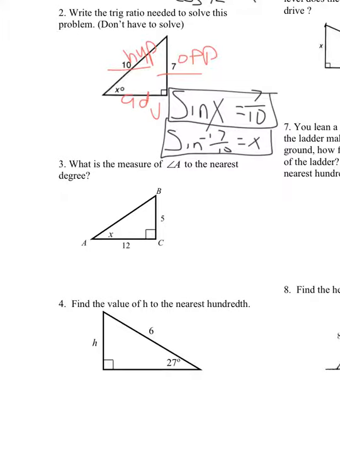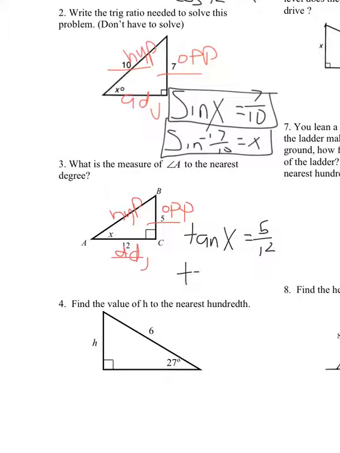So number three, what is the measure of angle A to the nearest degree? So 5 is opposite. That's hypotenuse. That's adjacent. We have opposite and adjacent, which is going to give us tangent. So tangent x equals opposite 5 over adjacent 12.